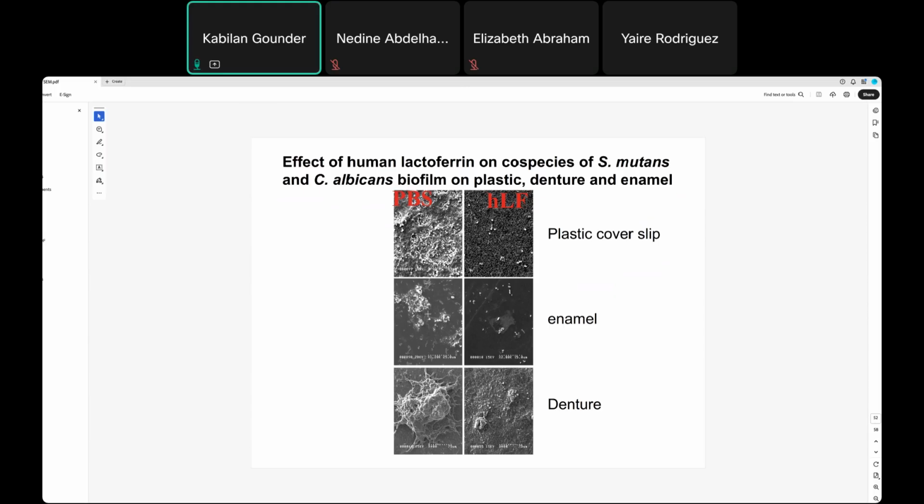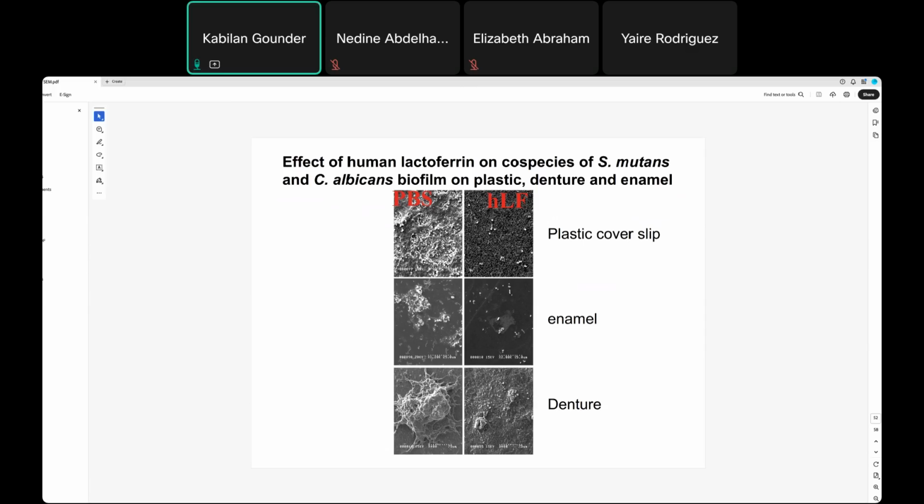Streptococcus mutans forms more biofilm on the enamel compared to Candida albicans, whereas on the denture, Candida albicans forms more biofilm than Streptococcus mutans. So the surface is very important for the bacteria or fungus to form more biofilm.